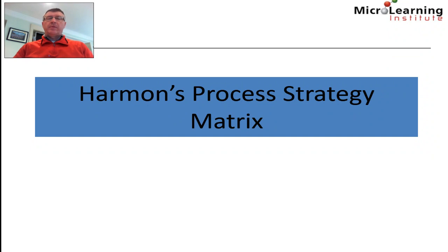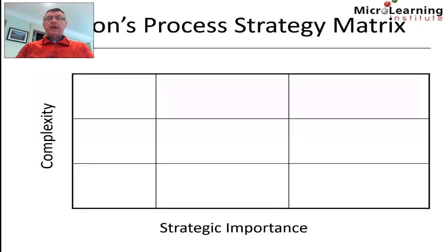In this tutorial we provide a brief overview of Harmons Process Strategy Matrix. Now, as the name suggests, this matrix provides us with a range of strategies for various processes within our organization. Visually, Harmons Process Strategy Matrix is presented like this, where Harmon gets us to think about the two aspects of processes within our organization.